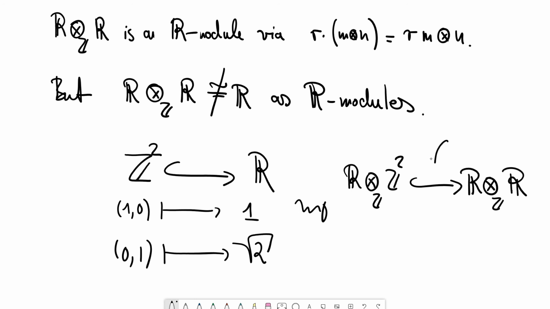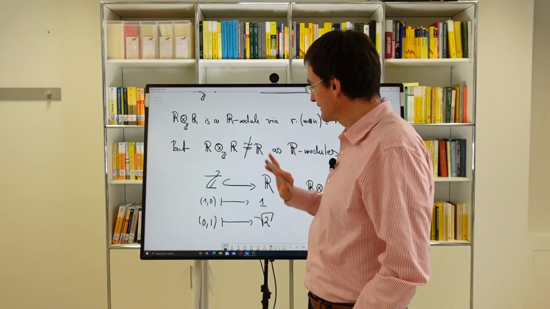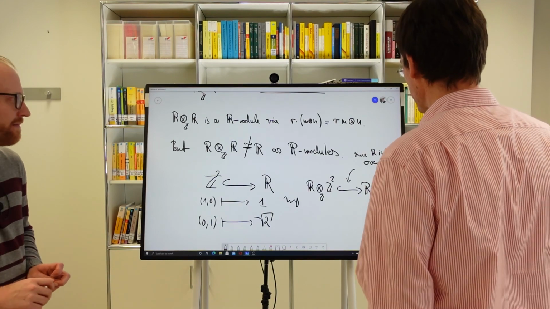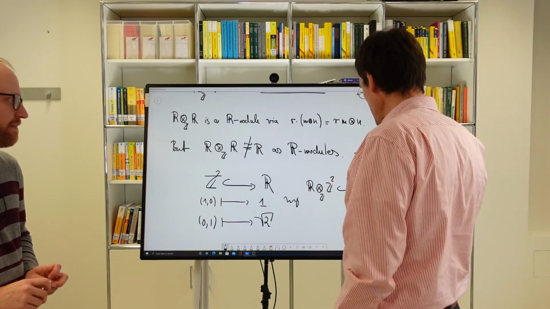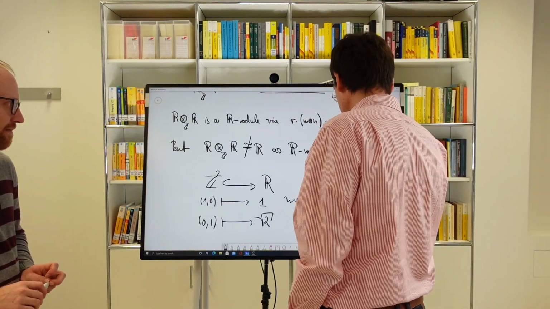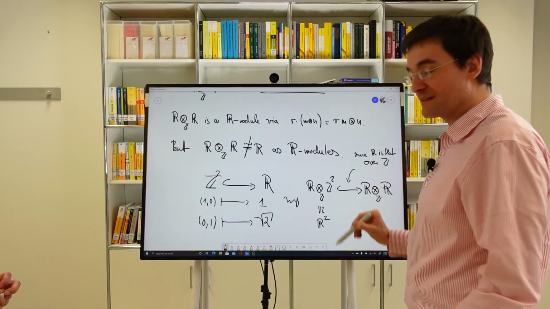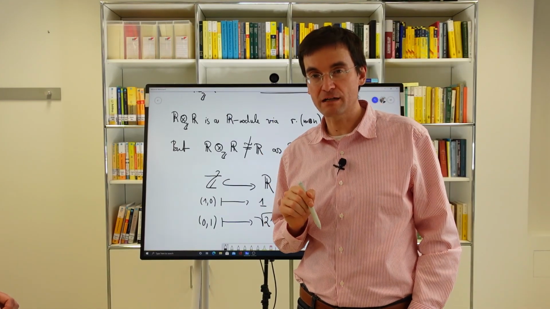So this is injective since R is flat over Z. This is something that we just use now as a black box. I might come back to this in the next video. But it turns out that this is injective, and now by the properties in the beginning, this is just R². Moreover, this map, this isomorphism, and this map, they're all compatible with this left R multiplication.